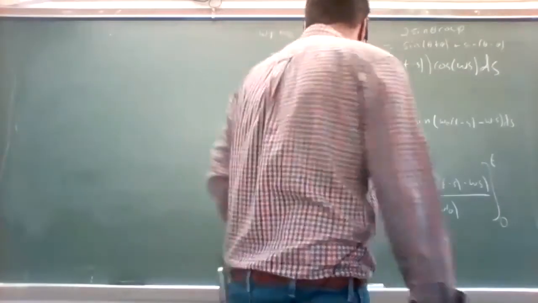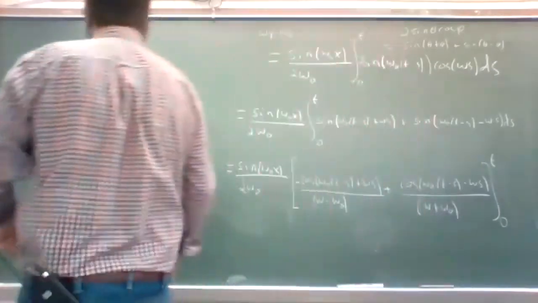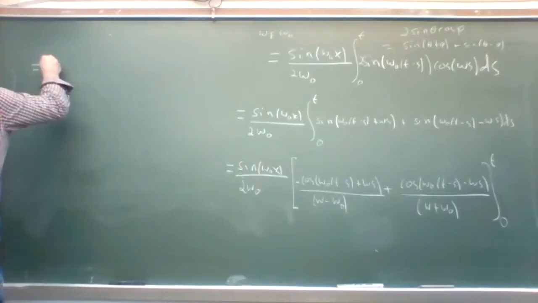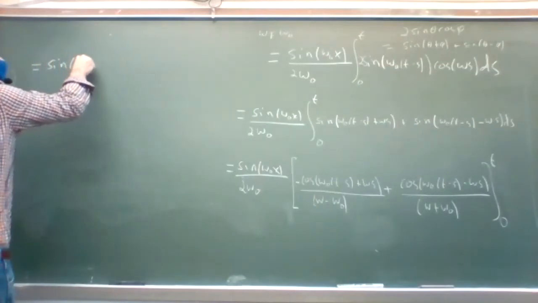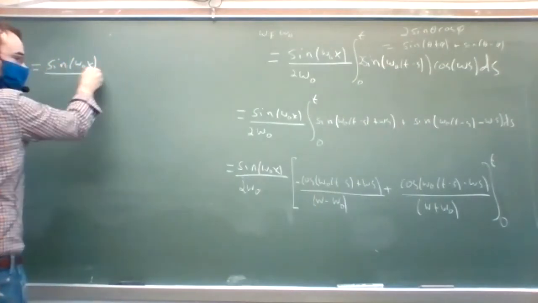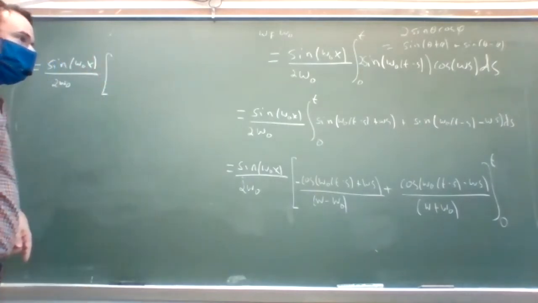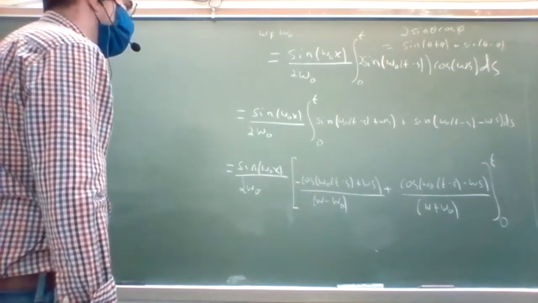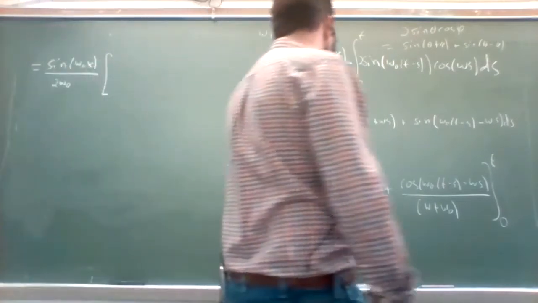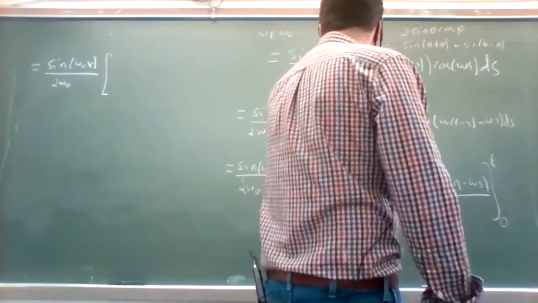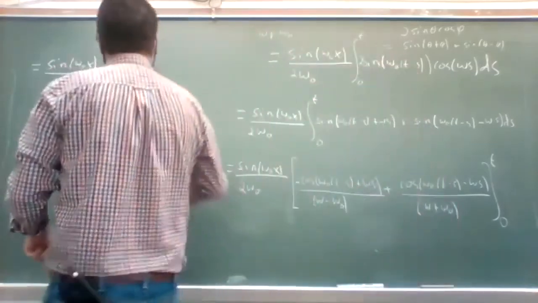It's some algebra, but first I guess we can plug in t and 0. Plugging in s equals t gives me omega s.